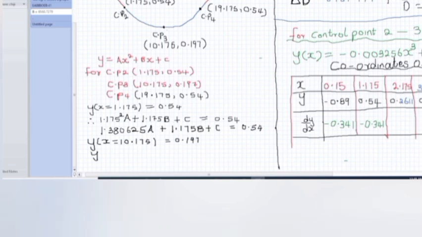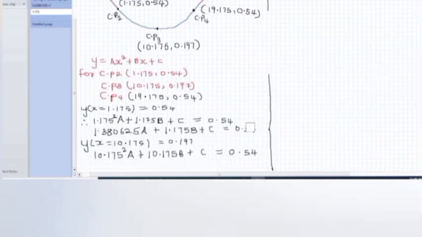So we plug it in: 10.175² a + 10.175 b + c = 0.197. When we simplify that, we're going to have our equation number 2.